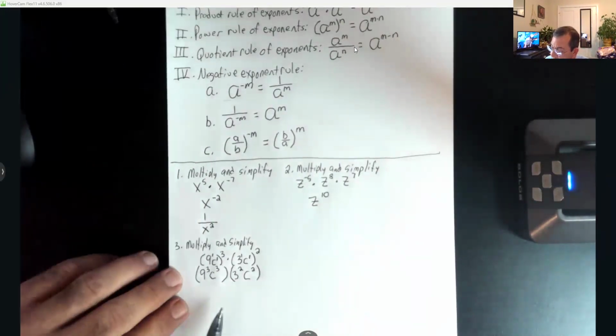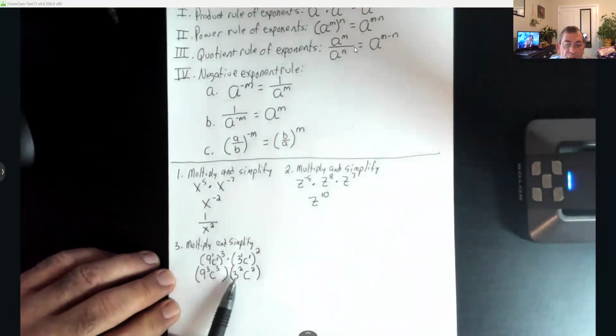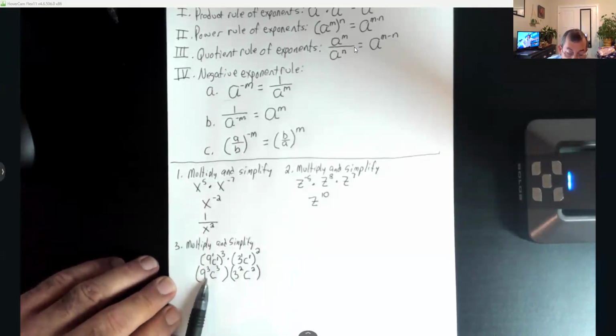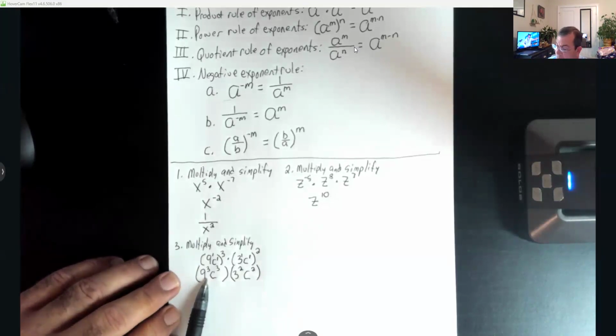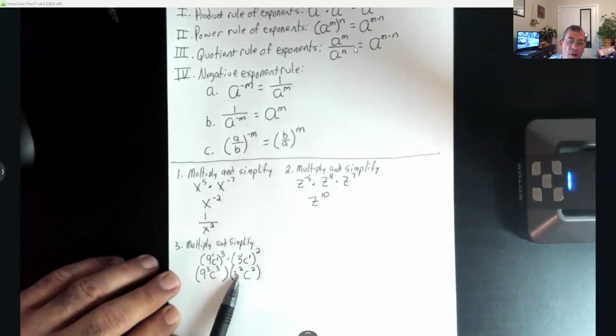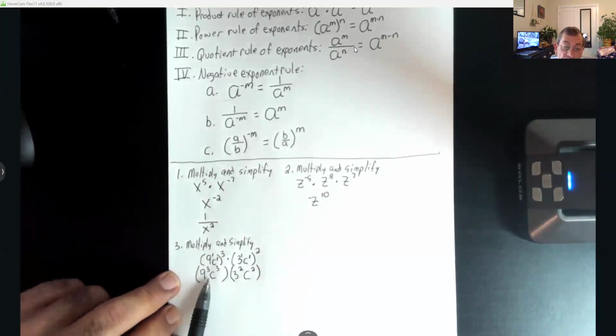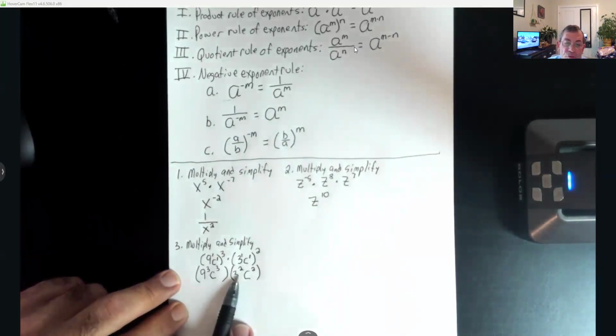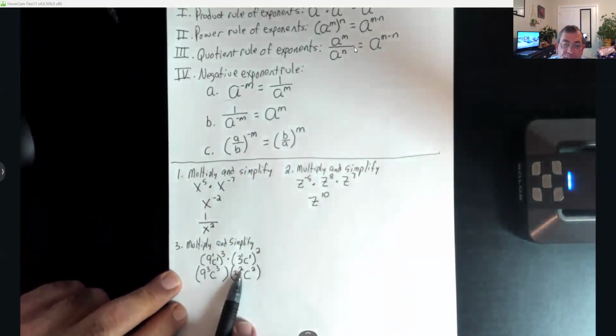All right, now y'all, I'm going to multiply the numbers times themselves. If you want to use the calculator, you can, well, it's probably the easiest way, because 9 to the third, that's 9 times 9 times 9. That's 729. And then 3 squared is 3 times 3 is 9.